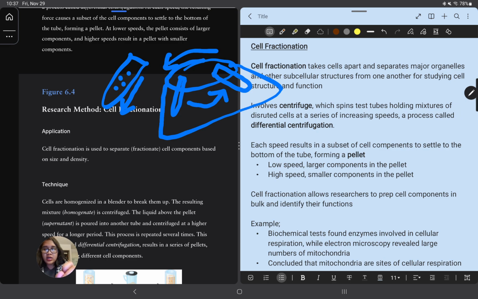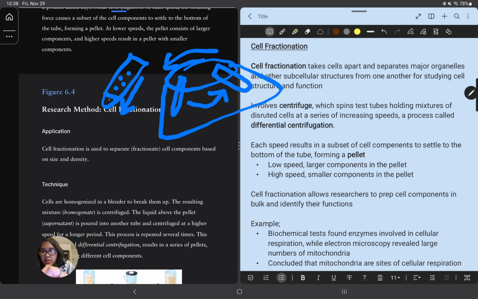This is essentially the example that I thought of. This is what I remember from my biology class. So this spins around, and the force of the spinning in one direction, depending on how fast it goes, causes the heavier aspects within the test tube to fall down to the bottom.